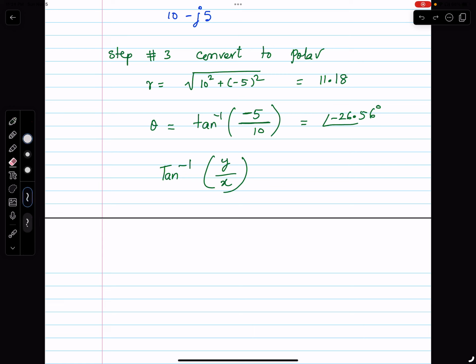On the other hand, if the real part was negative, I would have plugged in a negative here, and not on the numerator. Mathematically, negative 5 over 10 is the same thing as 5 over negative 10. However, we have to be extremely careful when we are selecting the angle.